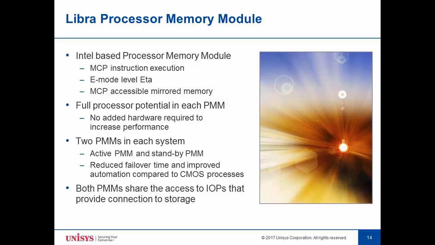And of course, both PMMs share full access to the I/O subsystem. There are two I/O processors, or ISMs, that are part of each of these systems, but each PMM can share in the full 2 ISM configuration.